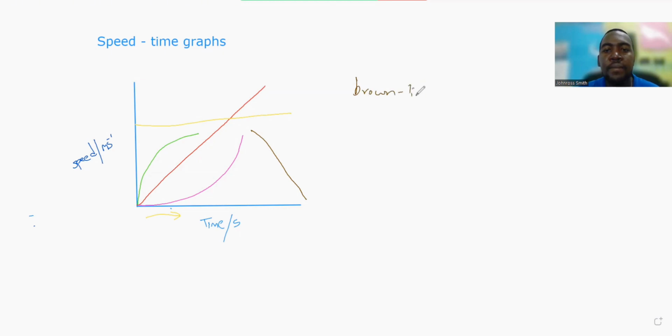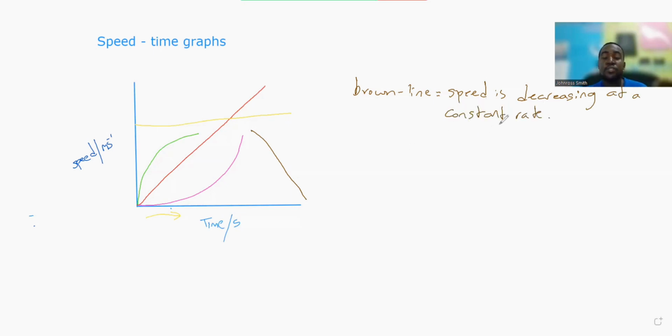Now, the brown line would represent that the speed is coming from a high number to a low number. So that tells us that the speed is decreasing. The line is a constant straight line, so it is at a constant rate.